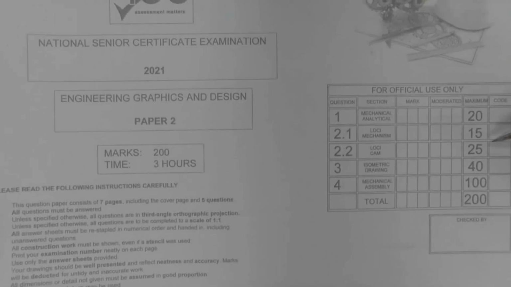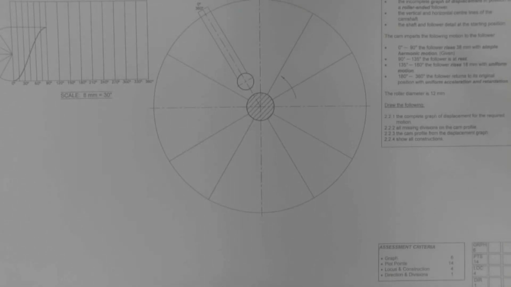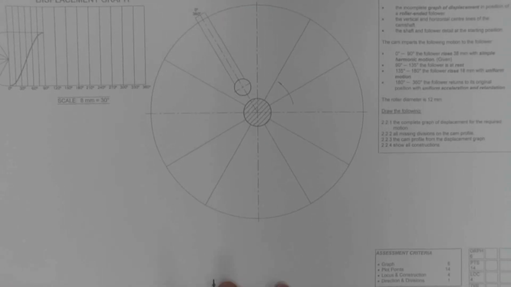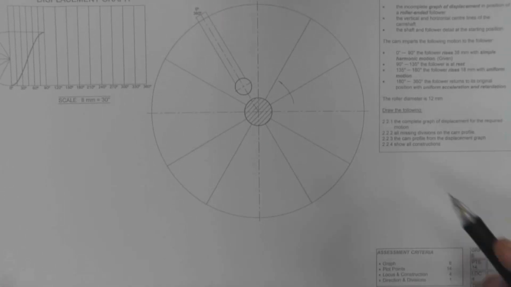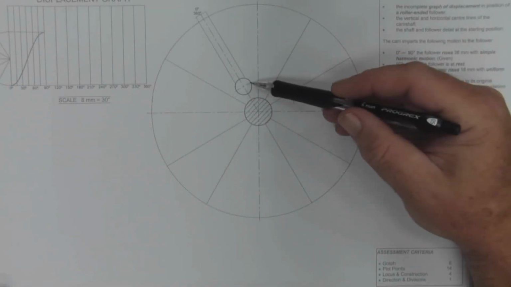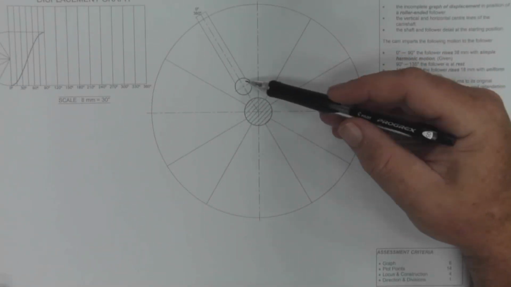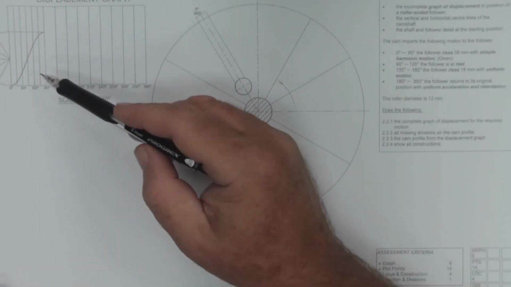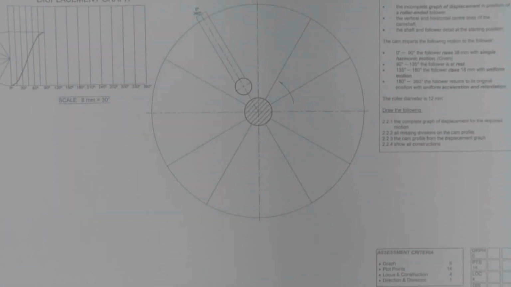So if I look at the paper, here is the paper, and as you can see they've done quite a lot of work already. They've hatched the camshaft, they've put in the direction of rotation, they've put in the follower, they've done simple harmonic motion, and there you've got the rest of the graph.